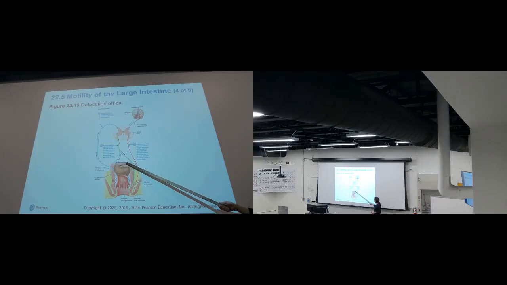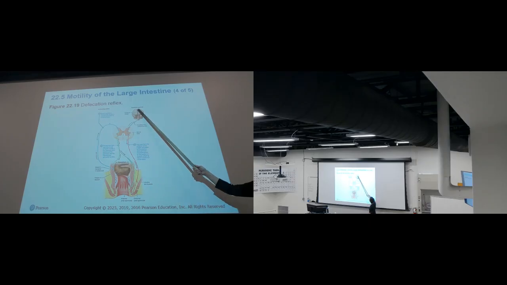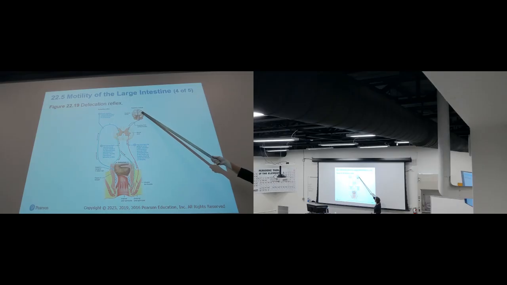If the stretch of these receptors is great and the food is ready to be eliminated, this short reflex will be converted into a long reflex, in which you will have voluntary control input from your cerebral cortex going into the spinal cord, making synapses in the motor nerves of the spinal cord, so that you can relax this external anal sphincter.